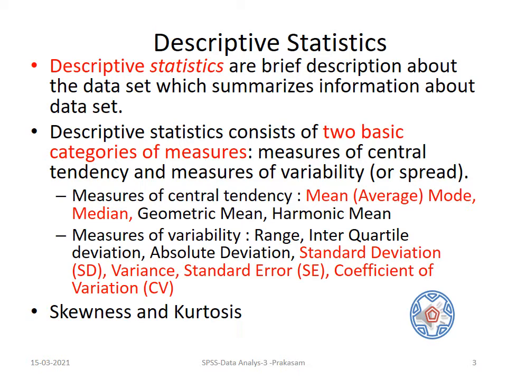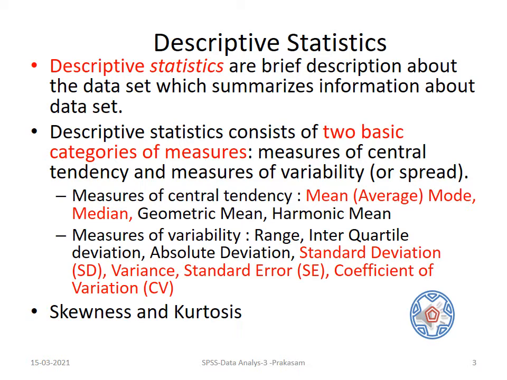Another one is the measure of variability, also called measure of dispersion or measure of spread. There are many measures under that: range, interquartile deviation, absolute deviation, standard deviation, variance, standard error, coefficient of variation.